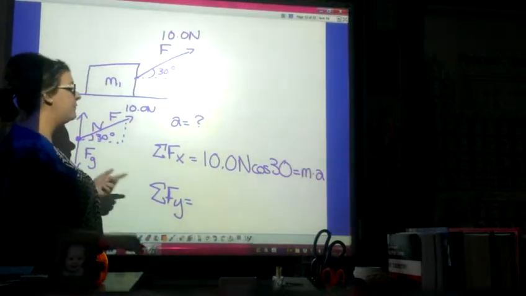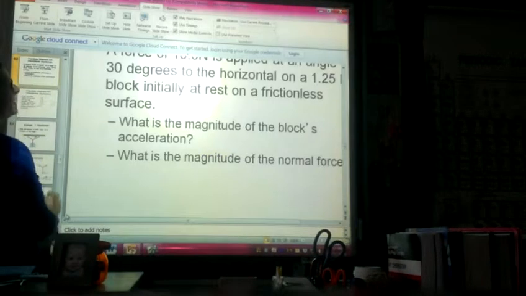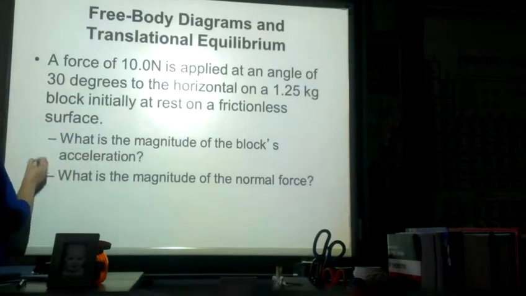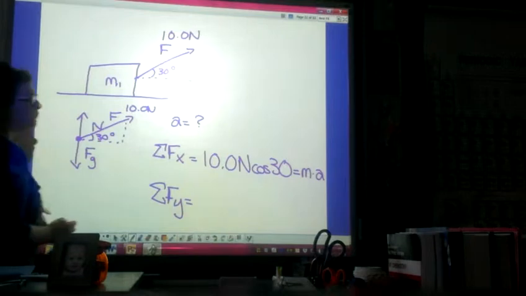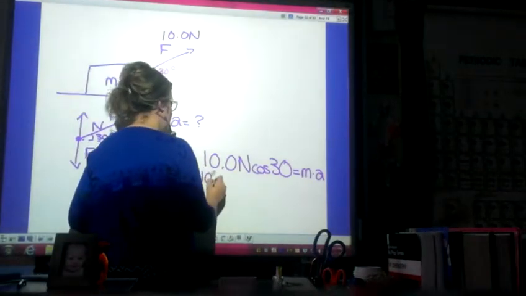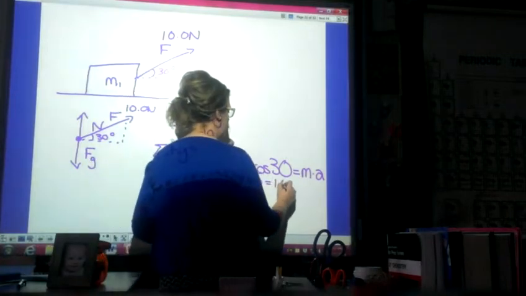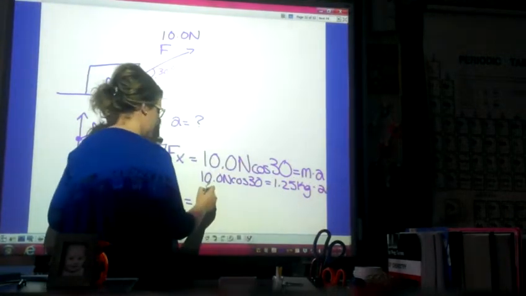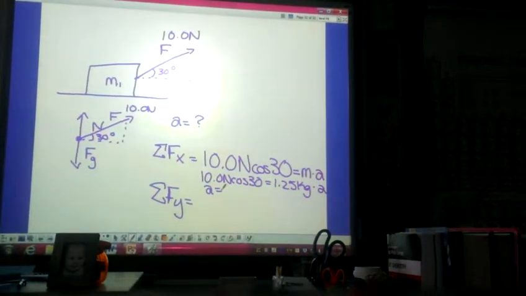Okay, I could go ahead and find the acceleration because I'm pretty sure they gave us the mass, which was, yes, 1.25 kilograms. So I could find acceleration here, so let's do that. So I have 10 newtons times cosine 30 equals 1.25 kilograms times A. So if I do that, acceleration, what is that?